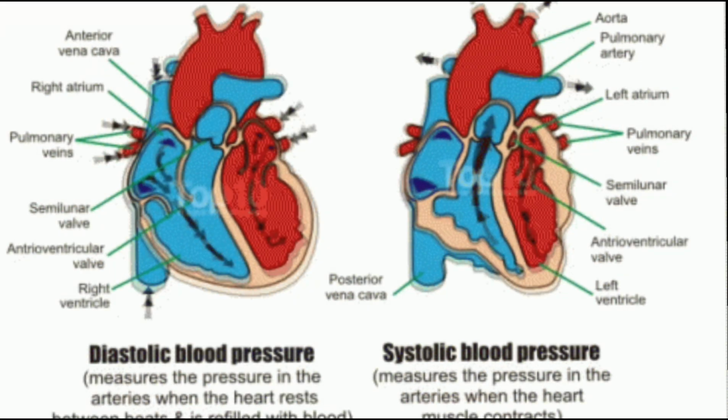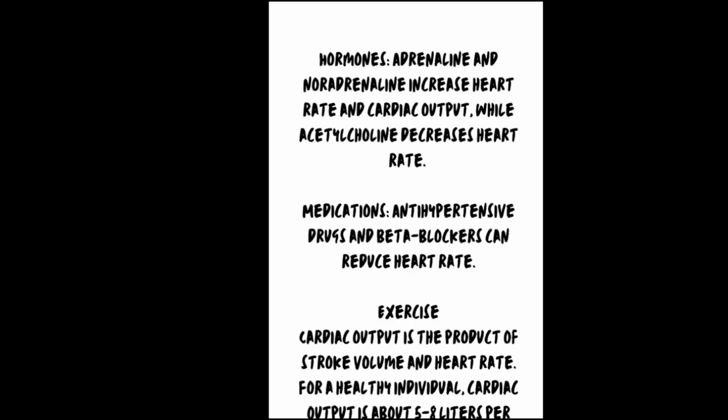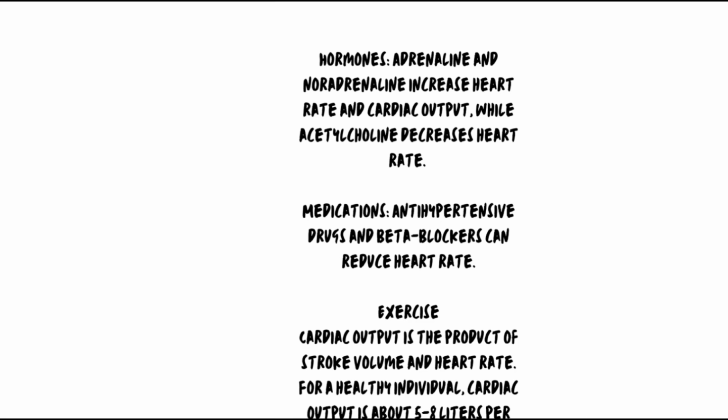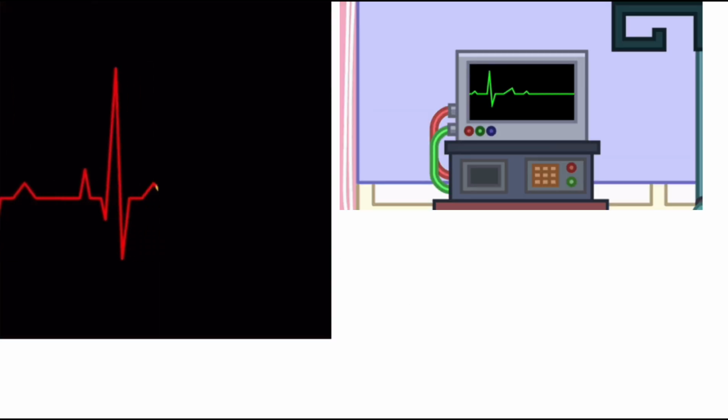Age. As you age, your heart walls get stiff and make it hard for your heart to fill with blood. Blood pressure. High blood pressure requires your heart to pump with more force. Hormones. Adrenaline and noradrenaline increase heart rate and cardiac output, while acetylcholine decreases the heart rate. Medications.